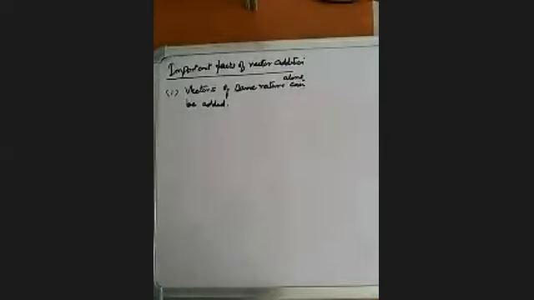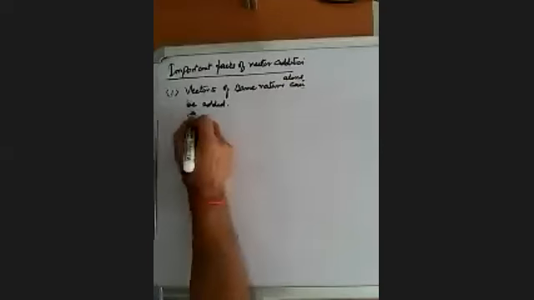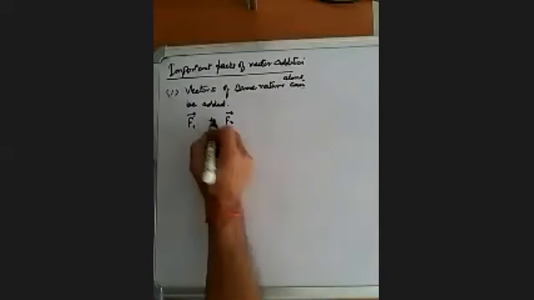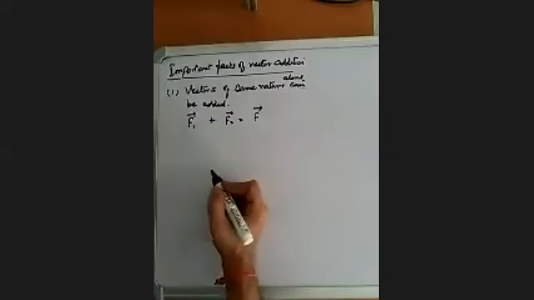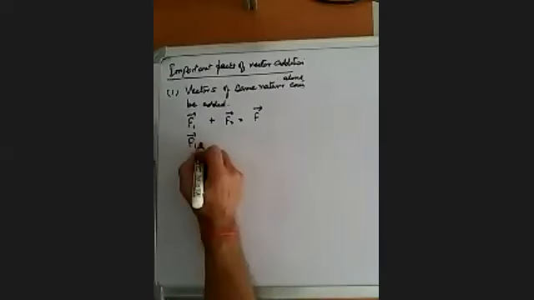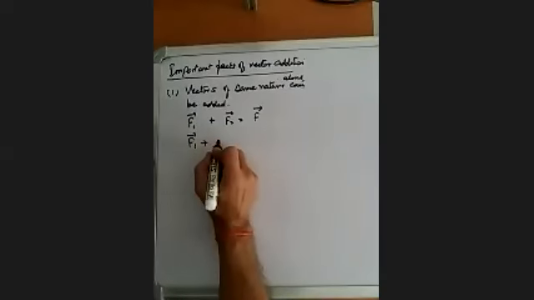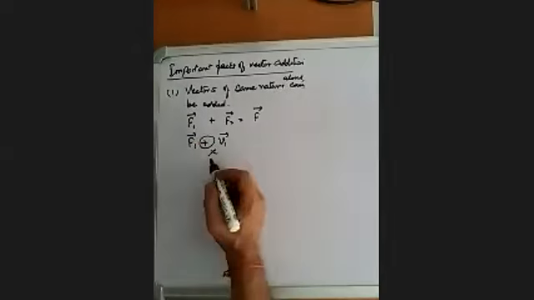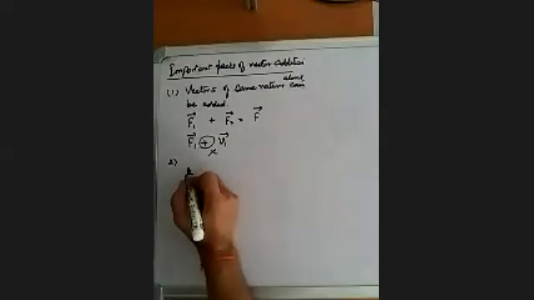That means if there is a force vector F1 and another force vector F2, then we can add these two vectors to get some other vector. But if there is a force vector F1 and, suppose, a velocity vector V1, we cannot add these two. The nature of the vector should be the same. So that is a very simple fact.